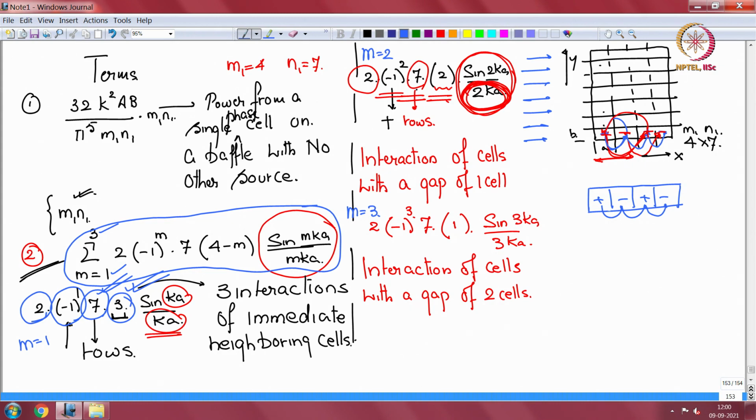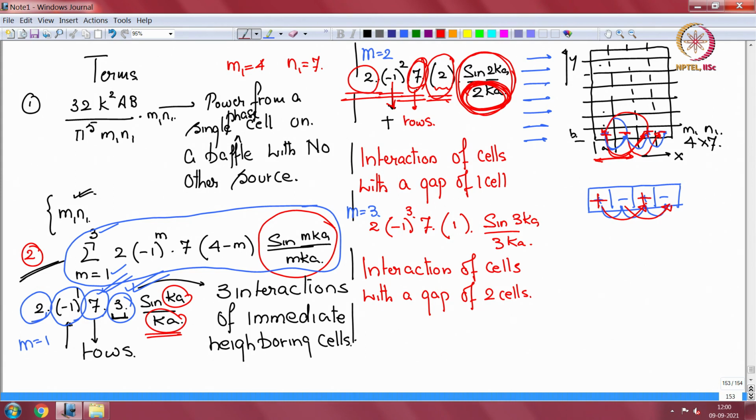Then for m equal to 2, these are interactions with one gap, this interaction and this interaction. In a row there are only 2 such interactions, but there are 7 rows, and there is no sign change because this is plus and that is plus. So, I have a positive and this 2 for 2 cells.